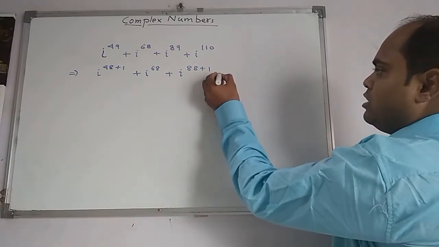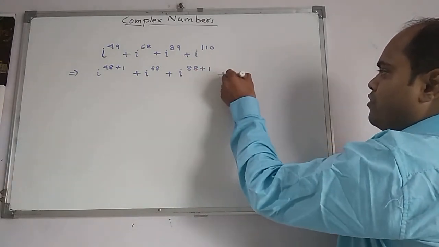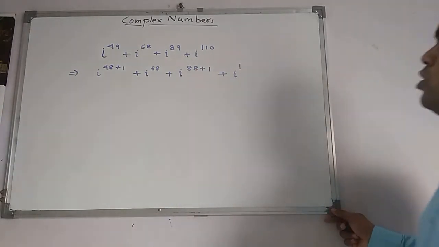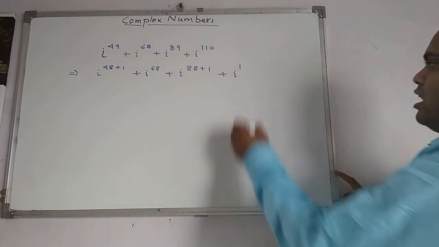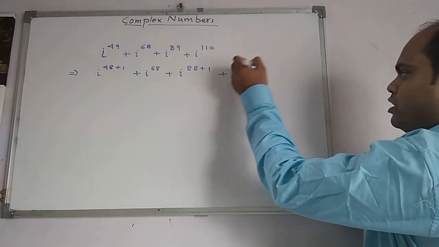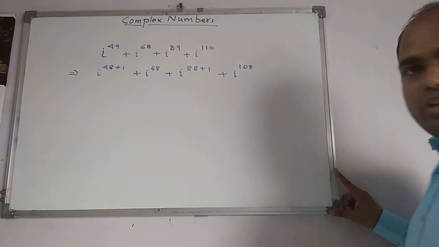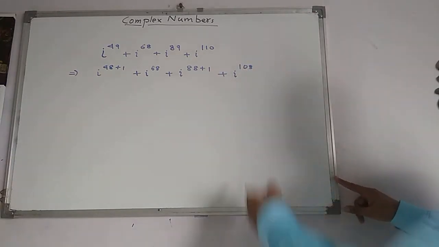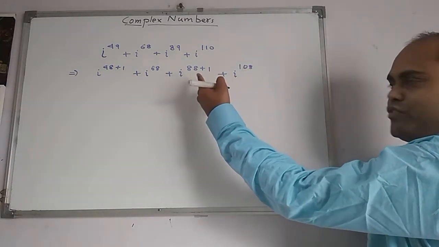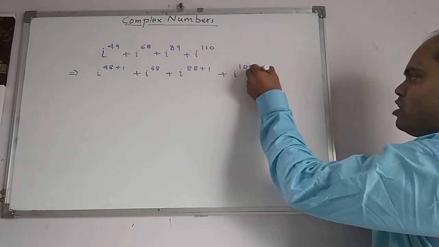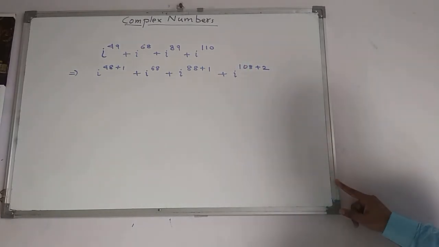Okay, and here we have 110. So we can write it as 108 plus 2. Here we are writing the power using the nearest multiple of 4, and 108 is the nearest multiple of 4, and the remainder is what? 2. Okay.